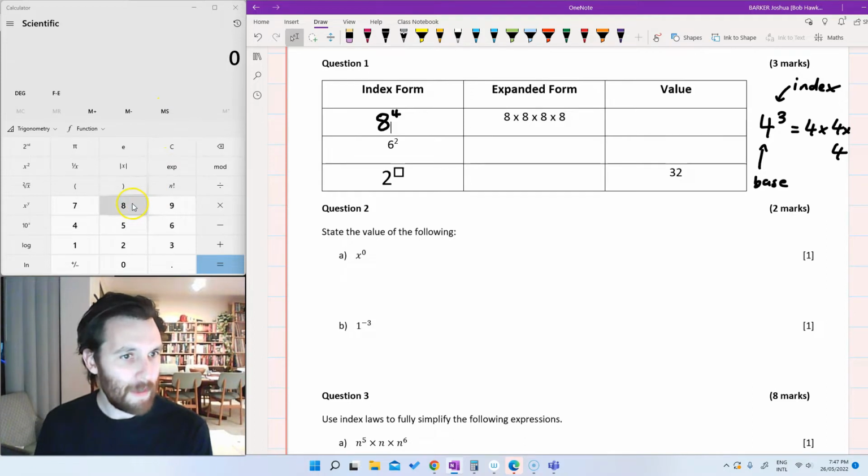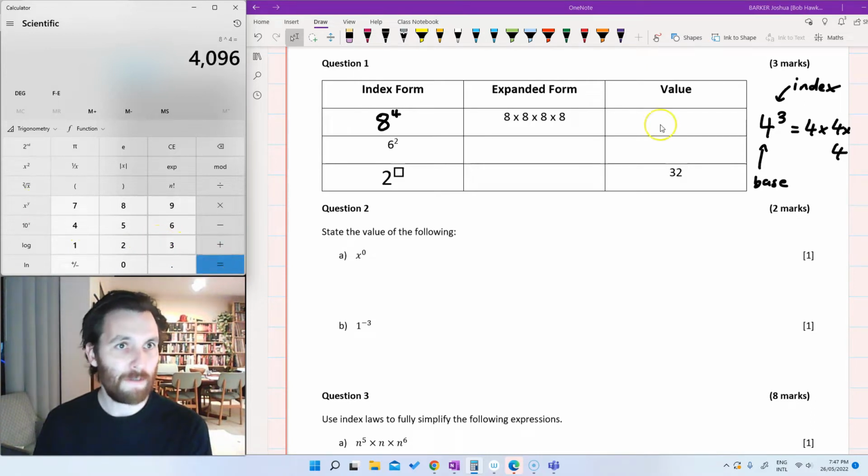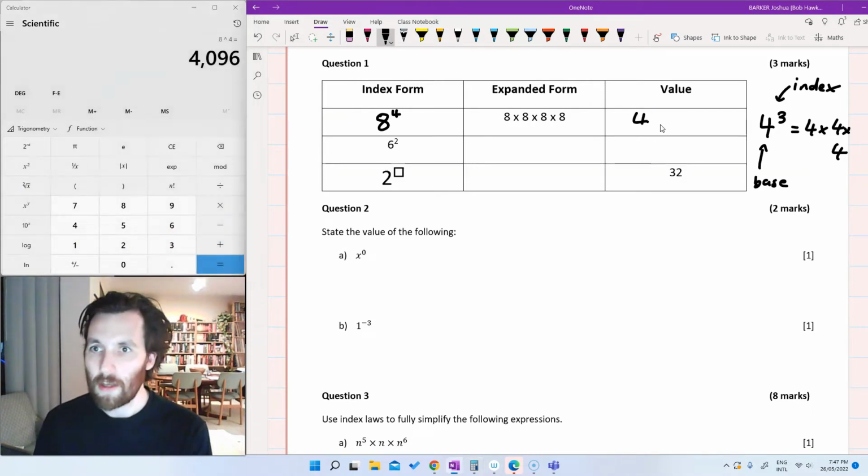For this, I'm going to use my calculator: 8 to the power 4, which gives us 4,096. Now, on the actual test, you won't be able to use your computer calculator, so you'll need to know how to do that function using your scientific calculator.